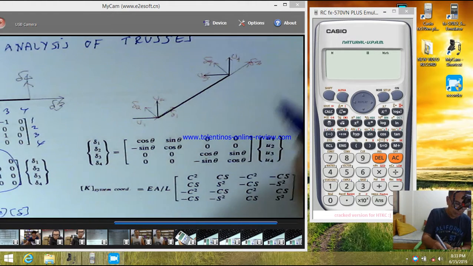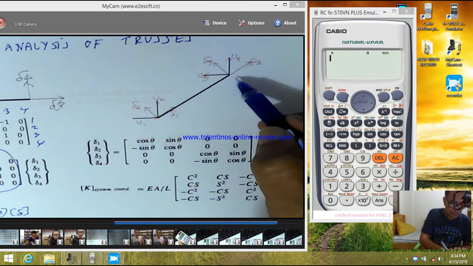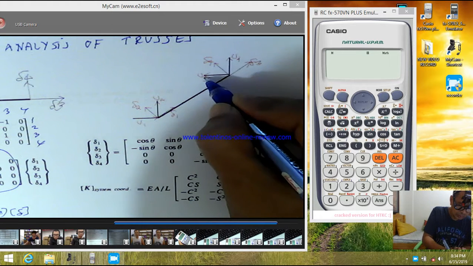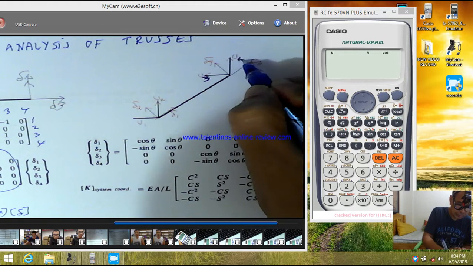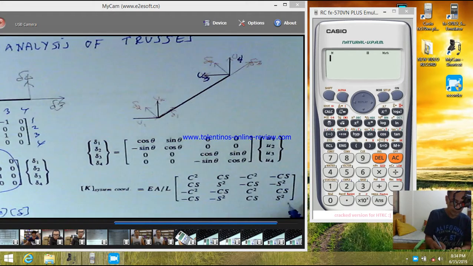Ngayon, okay, ganun din dito, no? Delta 3 saka delta 4, tapos U5, okay, I'm sorry, this should be U3 to at saka U4. There, U4. So, that is U3 and U4.